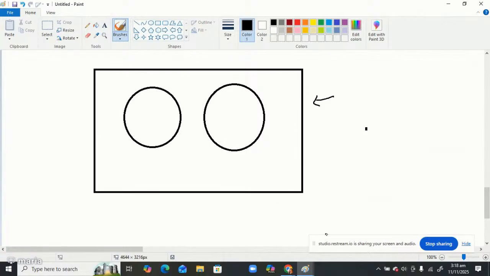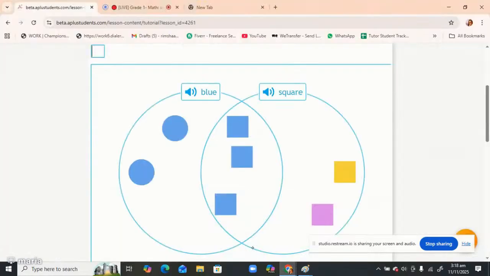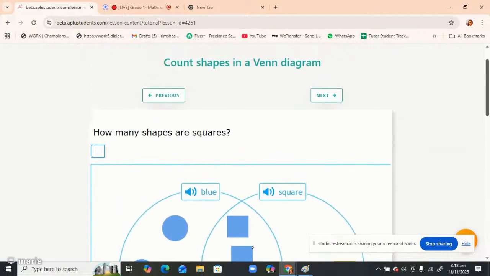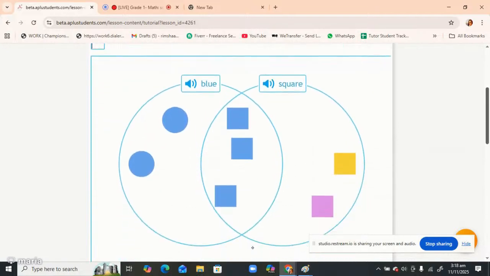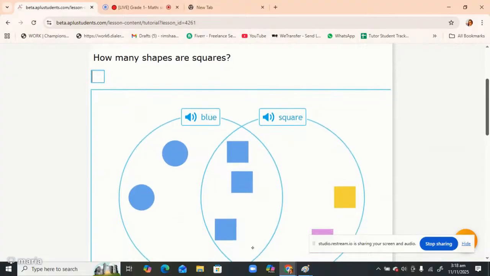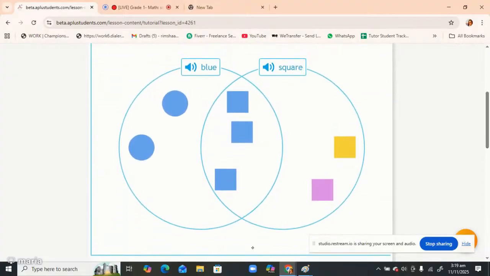All right, now in the first question they are saying, how many shapes are squares. So you guys count how many squares are given here. You are not checking the different colors, you just check the shapes. Like how many shapes are square.